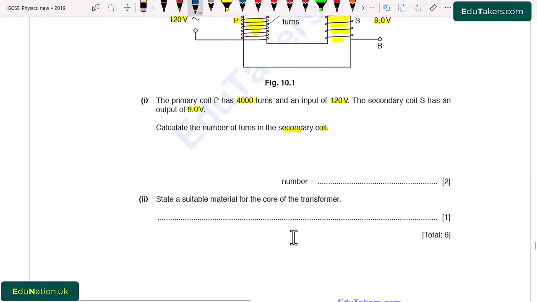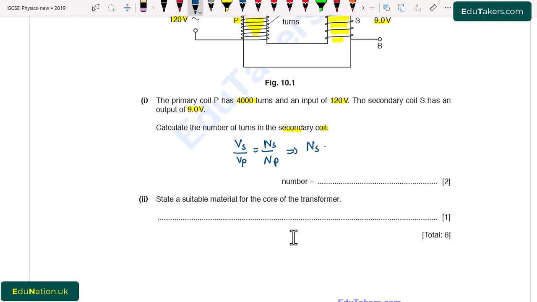by using the formula that Vs over Vp is equal to Ns over Np. The ratio of secondary to primary voltage is also equal to the ratio of secondary to primary number of turns. Here we have to find out Ns.